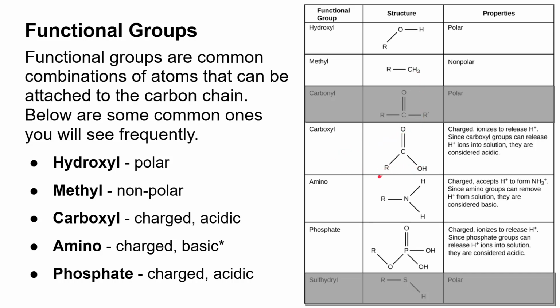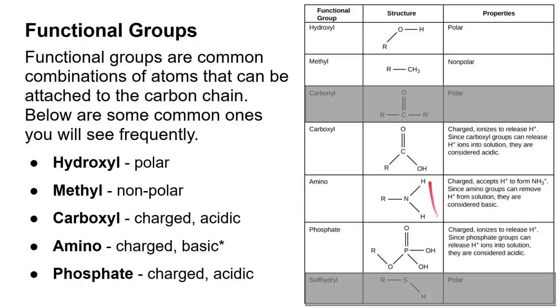A carboxyl group. We have a carbon with a double bonded oxygen and this OH here. When you have this situation, it tends to pull the electrons enough from the H that the H usually is dropped off. When that happens, it's an acid. So it contributes a hydrogen to the solution, and so carboxyl groups often make acids.